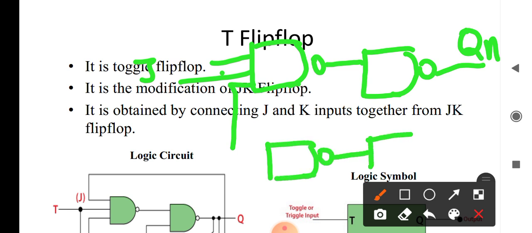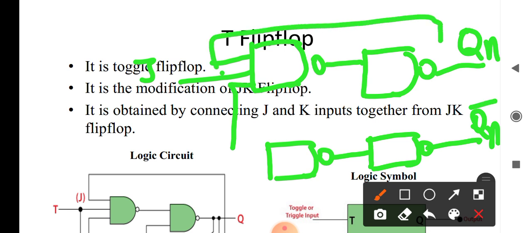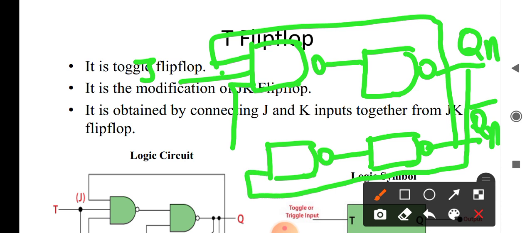This will be Q complement, and this feedback is given as input to this. Here we give K, and this will be the clock, CLK.